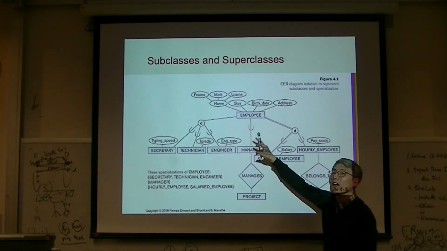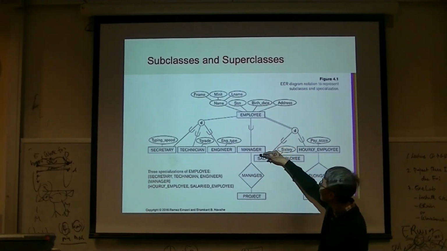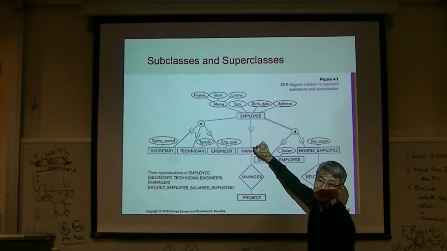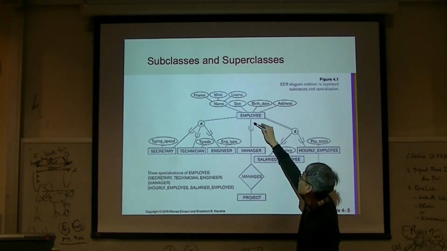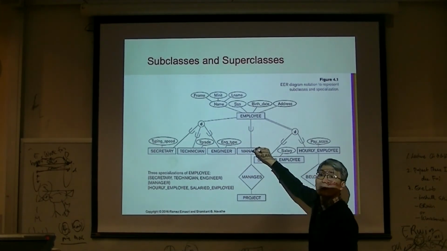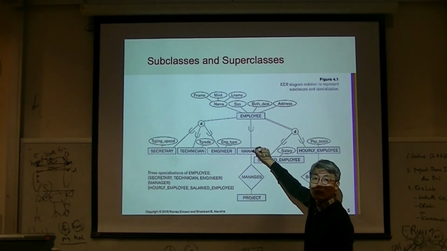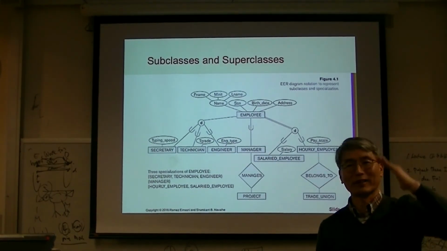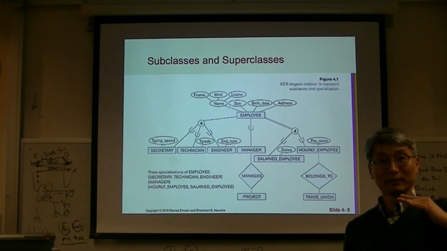But in this diagram, the designer created one employee entity, and this is a subclass. At the time, it doesn't matter disjoint or overlap, but this is optional. It's not full. Some of the employees are not managers. So three super and subclass groups.